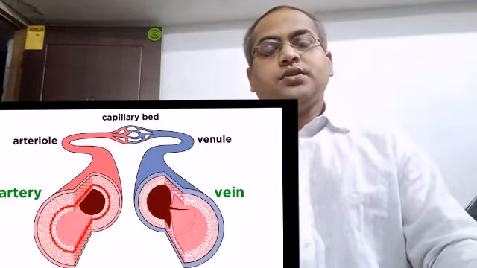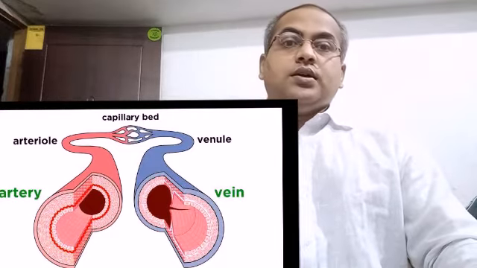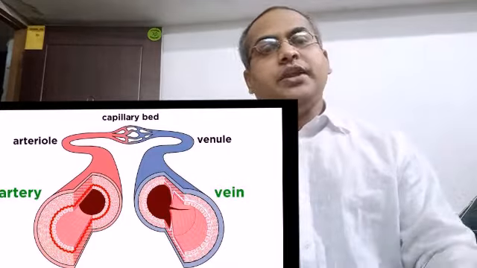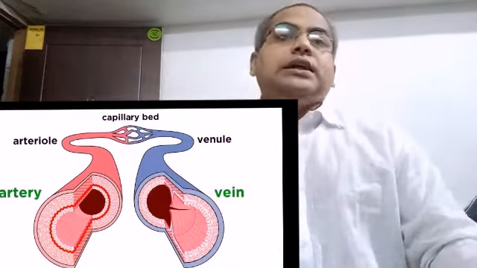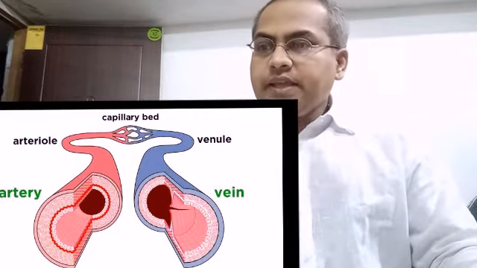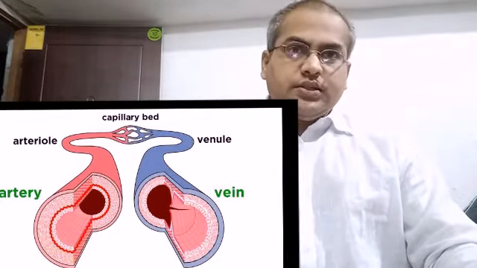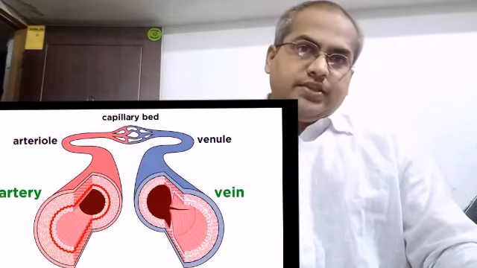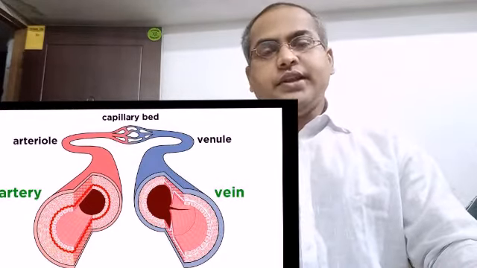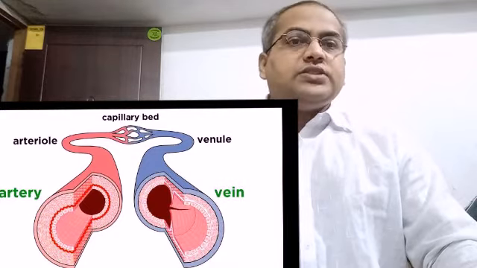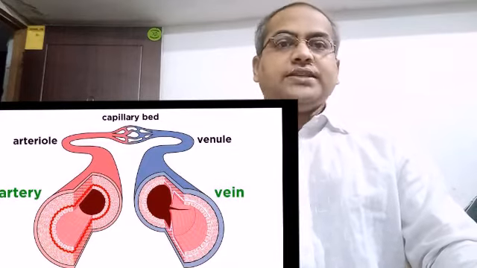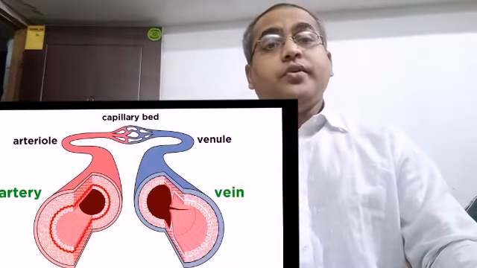Now comes the situation of the arteries. Arteries are mainly situated in the depth of our body. Now comes the next type of structure, that is called veins. Veins always carry deoxygenated blood. But there is an exception, that is the pulmonary vein.